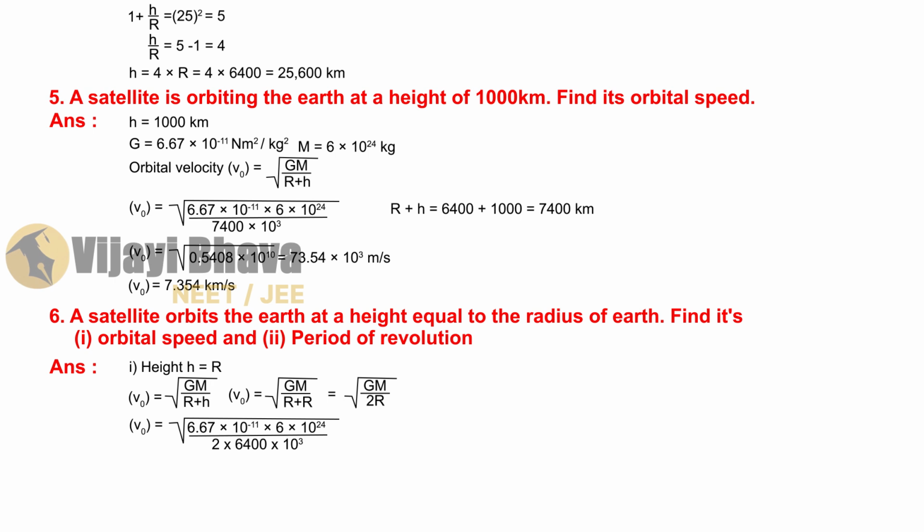On simplification, we get V naught is equal to square root of 0.3126 into 10 power 8, which is equal to 0.5592 into 10 power 4, otherwise 5592 meter per second. Writing this in kilometers, V naught is equal to 5.592 kilometer per second. Time period T is equal to 2 pi times r plus h by V naught.